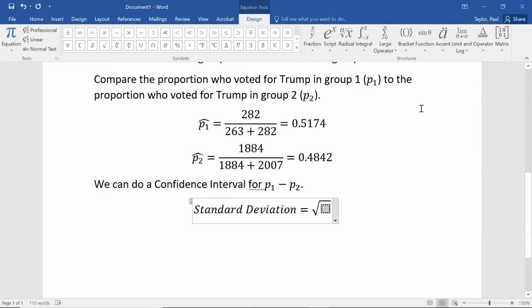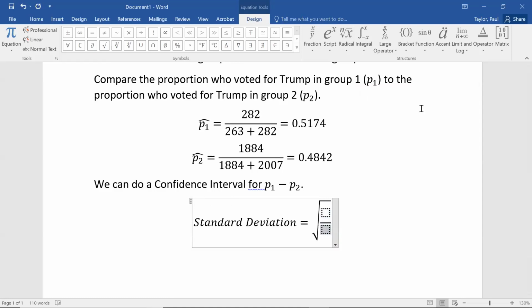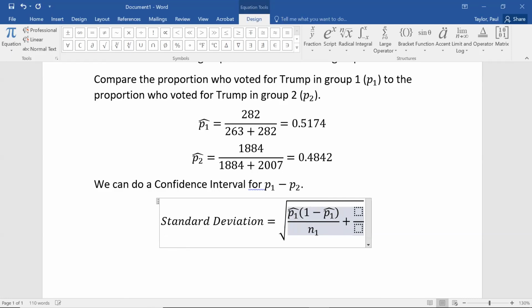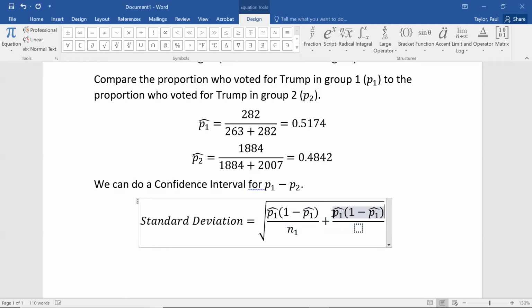And it looks a lot like the formula we had for standard deviation when it was one proportion, except now there's two proportions to worry about. So let me just select this so that I can copy and paste it. So we have P1 hat times 1 minus P1 hat over N1, which is the number in group 1. And then we have to do the same thing for P2, and they get added together: P2 hat times 1 minus P2 hat over N2, and these need to be 2's.